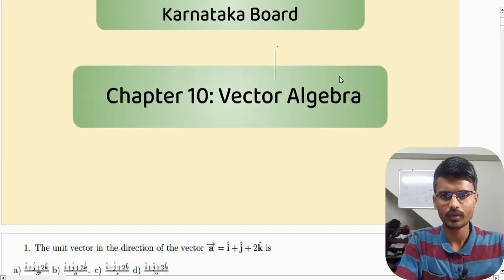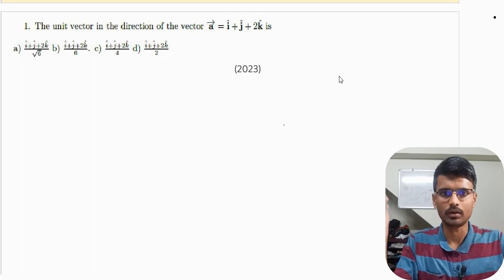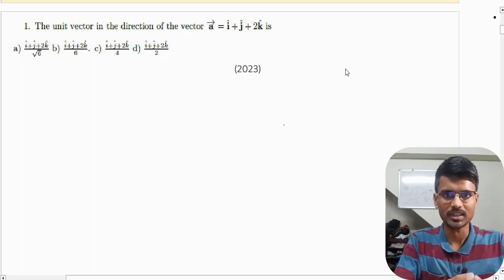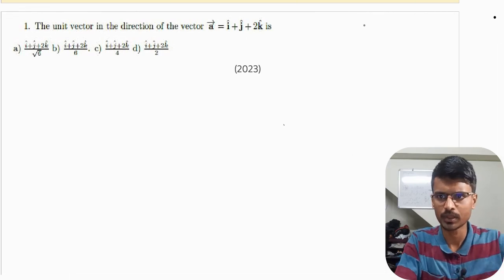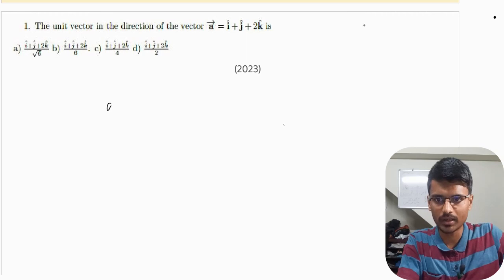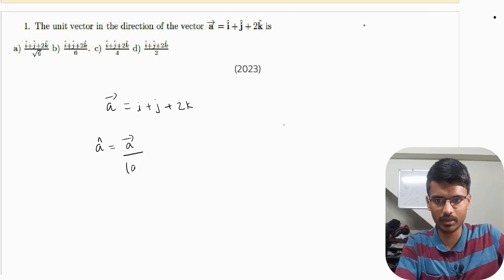The first question that we have is the unit vector in the direction of the vector a equal to i plus j plus 2k. Let's see how to do these kind of questions. The vector given to us is a equal to i plus j plus 2k. They are asking us to find the unit vector, and we know the formula for unit vector a cap is equal to vector a divided by modulus of vector a.